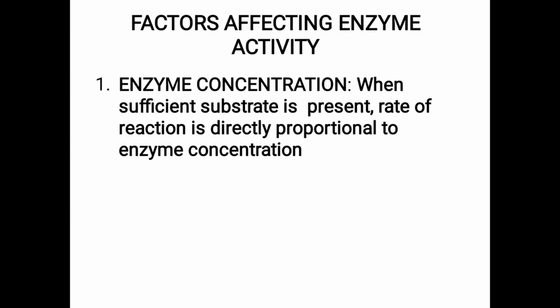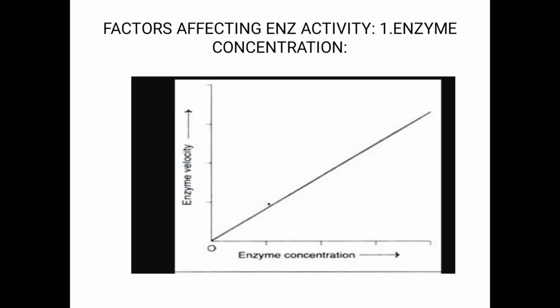Enzyme concentration: when sufficient amount of substrate is present, the rate of reaction is directly proportional to enzyme concentration. That is what you have to remember. So you should get a straight line, with enzyme concentration on the x-axis and enzyme velocity on the y-axis.